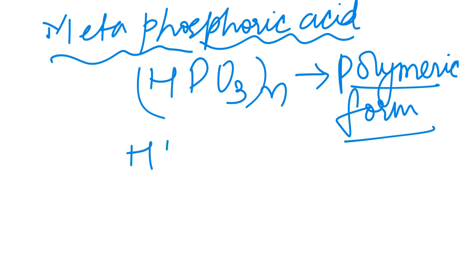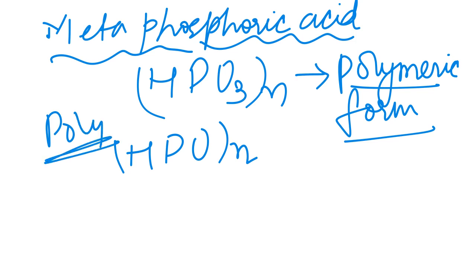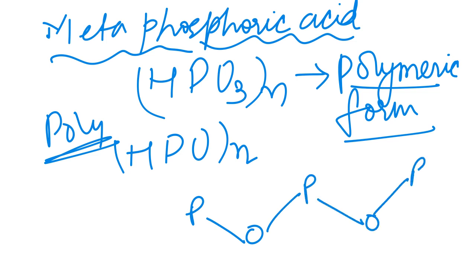So you can write it as (HPO3)n, or you can call it polymetaphosphoric acid. So how is the structure? In this way the phosphorus is linked with oxygen.